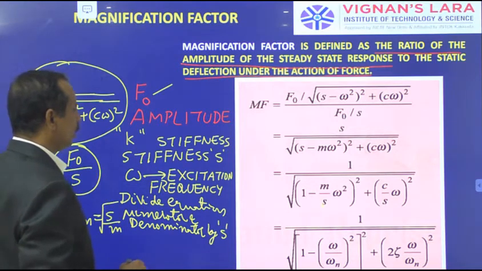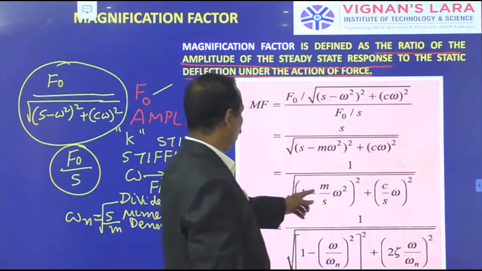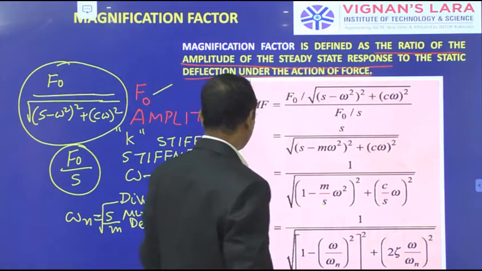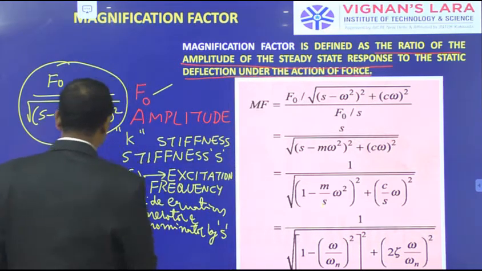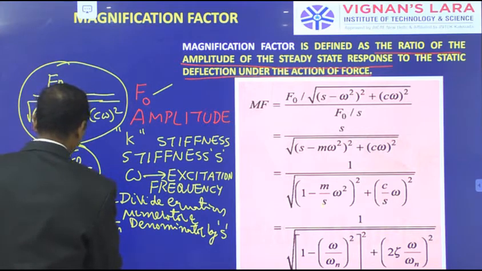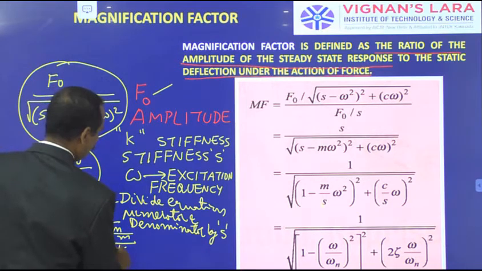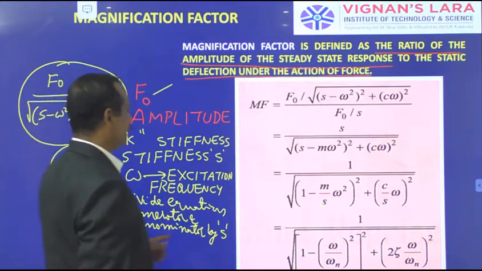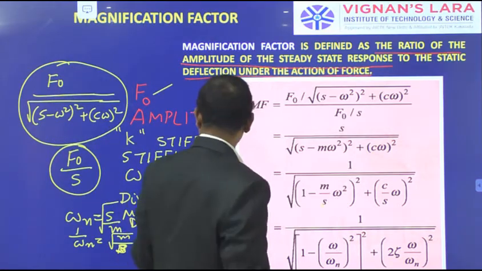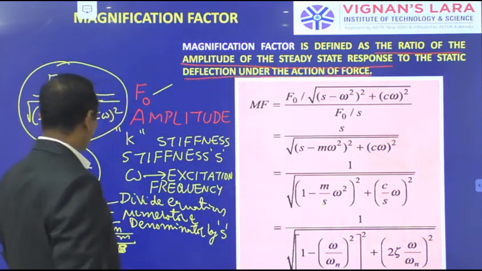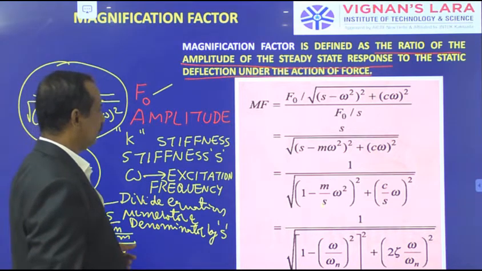So if I write it that way, m by s is 1 by omega n square, that is, m by k or m by s.